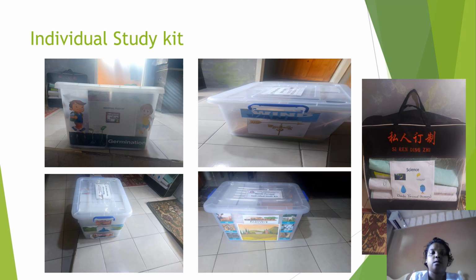On the front of the container I pasted germination, which is a topic I look at in my study kit, and at the side I have weather and I deal with wind vane. So I pasted the picture of a wind vane there to represent the lesson I taught.